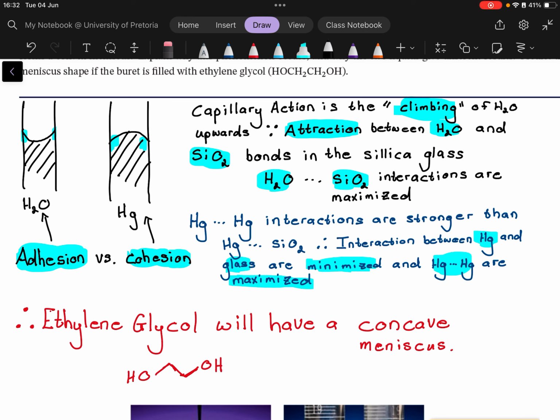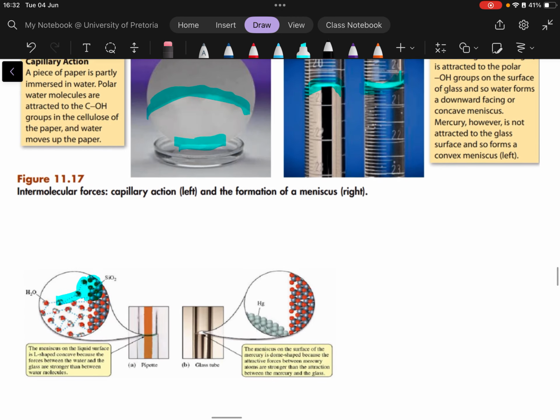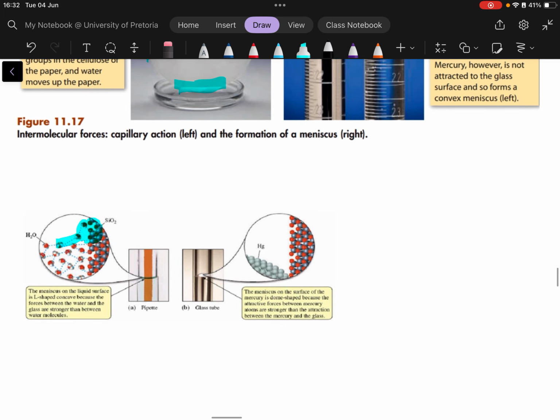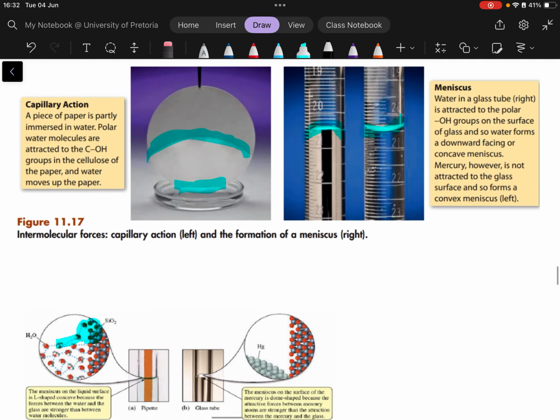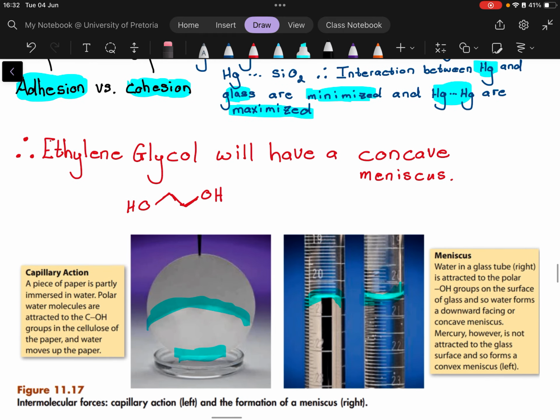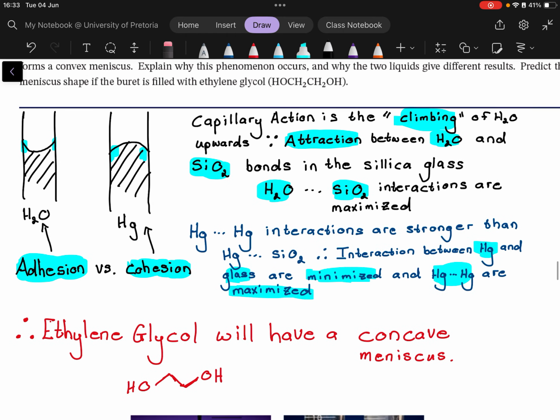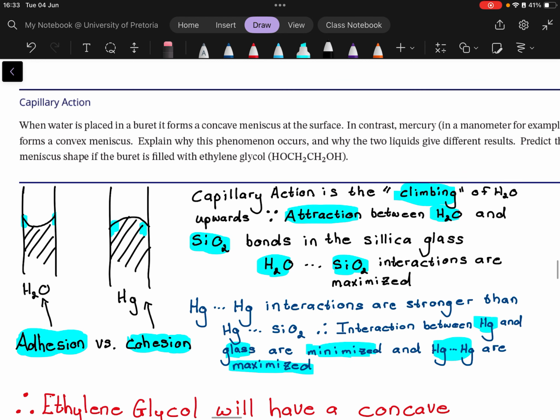You could argue, but it's more likely to have a cohesion interaction than water is. Water has a lot more hydrogen bonding interactions than ethylene glycol is possible to have. Anyway, the idea of this example is more for capillary action, to discuss why these things are like that.